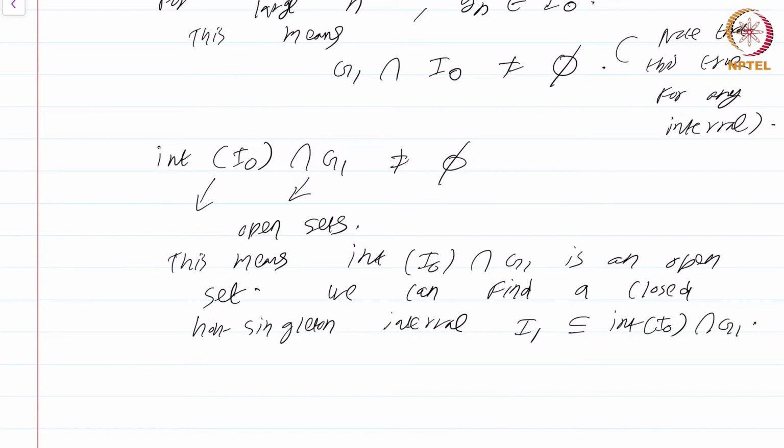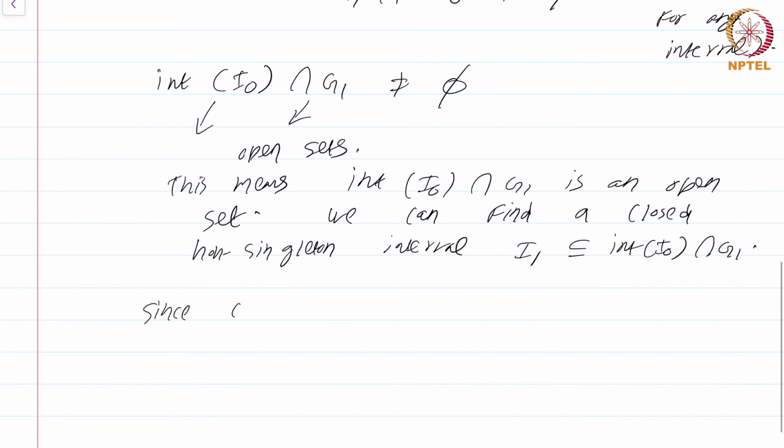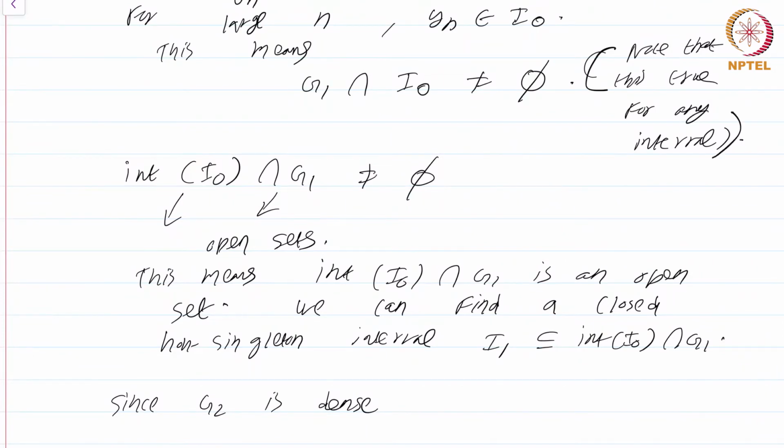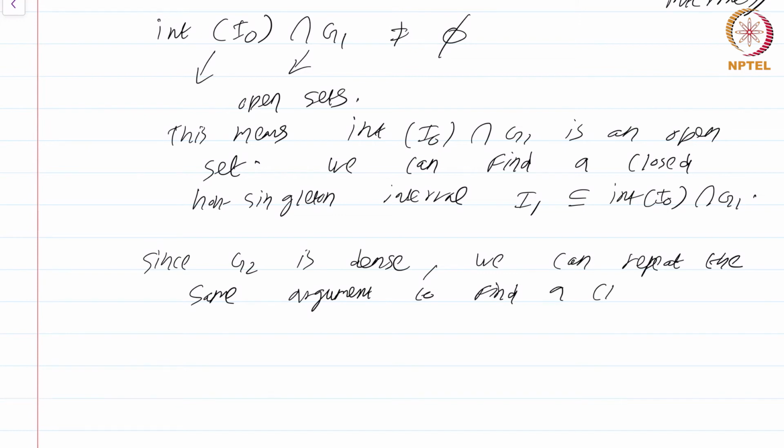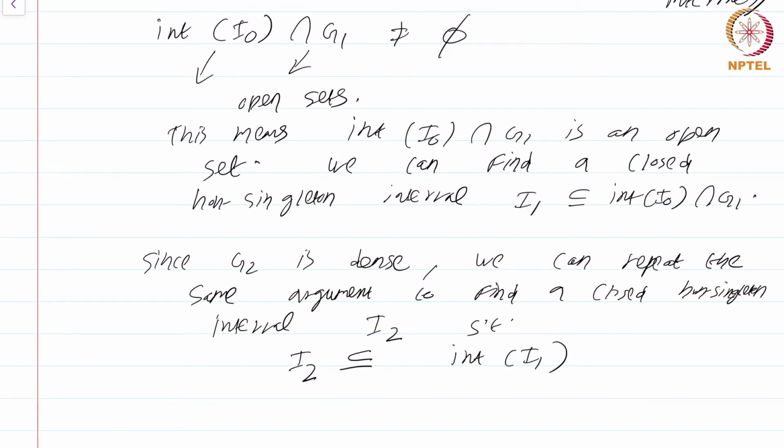Okay. Now since G2 is dense, by exactly the same argument, notably what is there in the parenthesis here, we can repeat the same argument to find a closed non-singleton interval I2 such that I2 is contained in interior of I1 intersect G2.